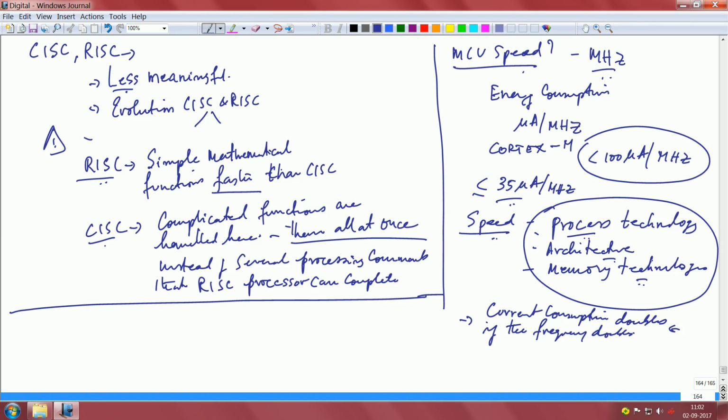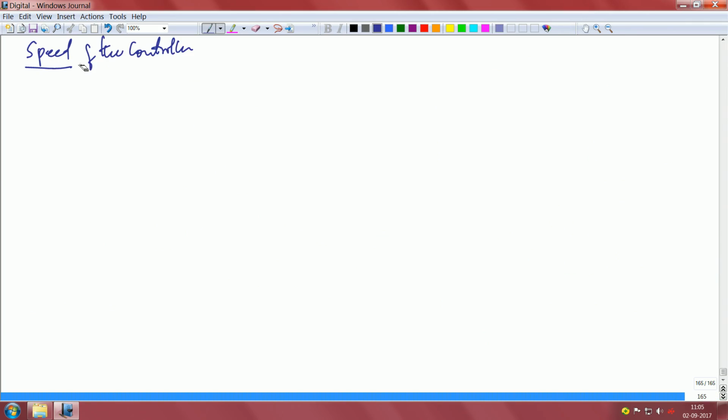So let me highlight that single aspect of the process part, which will essentially allow you to understand the choice of the controller. Let us finish off this speed of the controller.